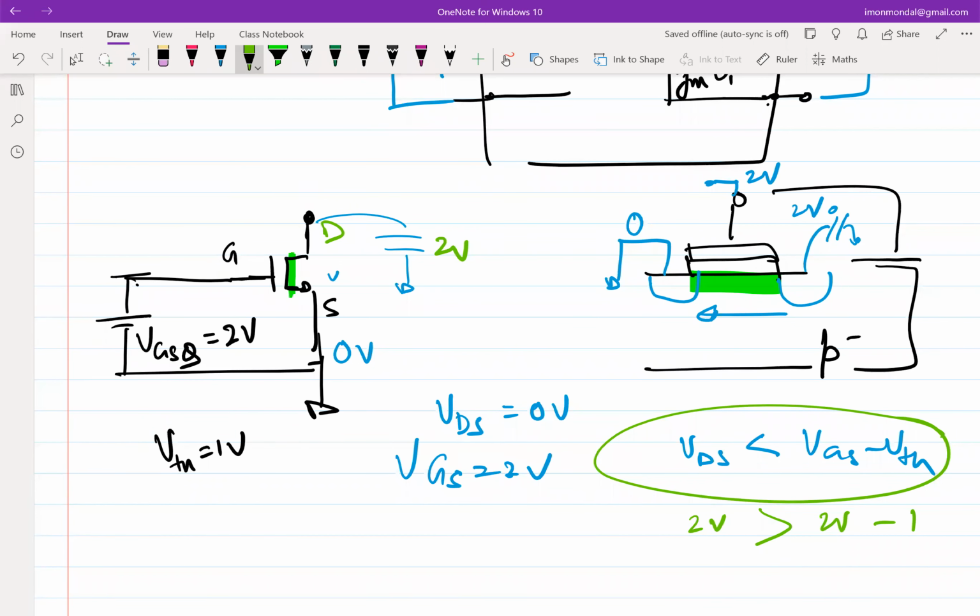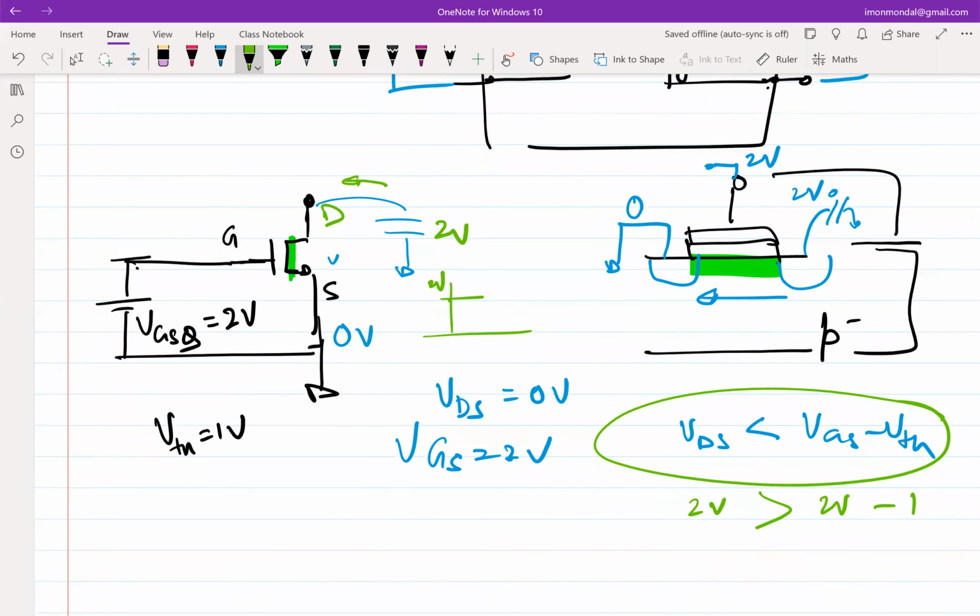In saturation, will you have a current flow or not? Yes. You'll have a current flow, and the current equation is half mu C of VGS minus VT whole square. So there will be a current flow. When you have a current flow, the cap is discharging, right? So it will discharge till what value? Till how long will it remain in saturation? Till what value of VD? Till VD of 1 volt, this transistor will remain in saturation, right? So it starts from maybe 2 volt.